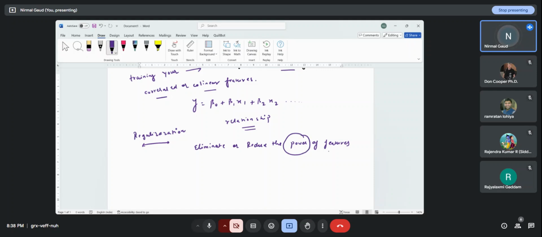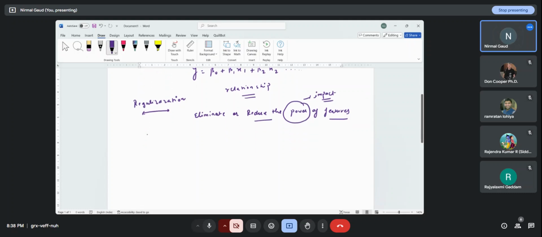I need to eliminate the features, or I need to reduce their impact over the model. So how should I do it? Yesterday I told we have the cost function equal to summation of (predicted minus actual) whole square by n. This is what we have.